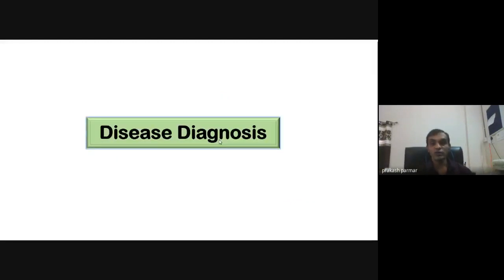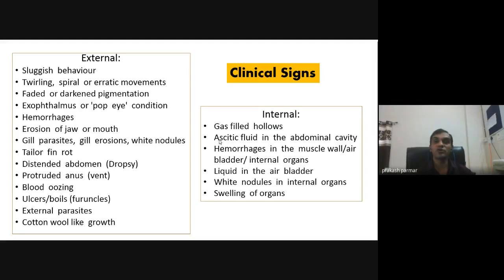Now disease diagnosis. Disease diagnosis is very important for proper treatment. First, disease diagnosis can be done by seeing the clinical signs. These are some of the common clinical signs.